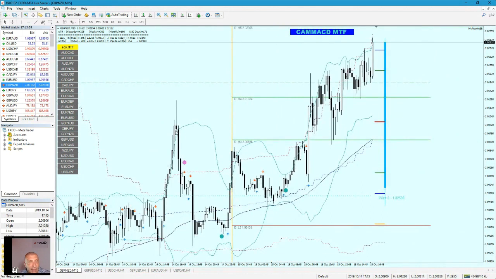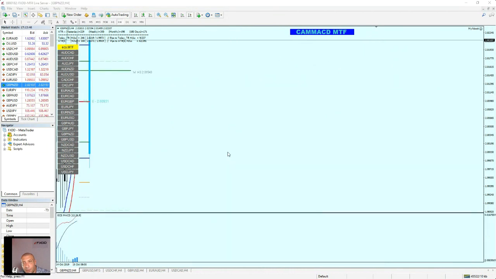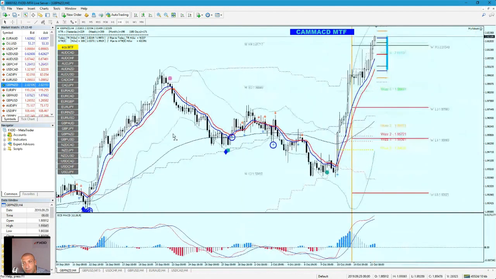But sometimes it's missed, sometimes it gets fulfilled. But my eyes are also, as I said, on GBP crosses. I just want to see a pullback before I make my next trading decision on the GBP crosses.